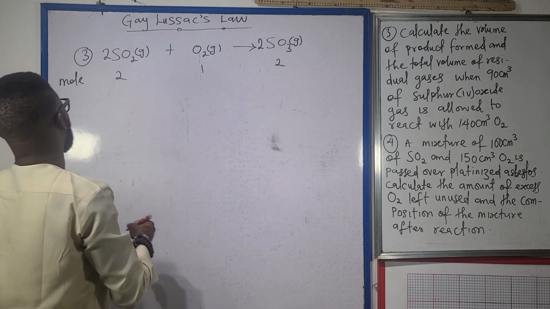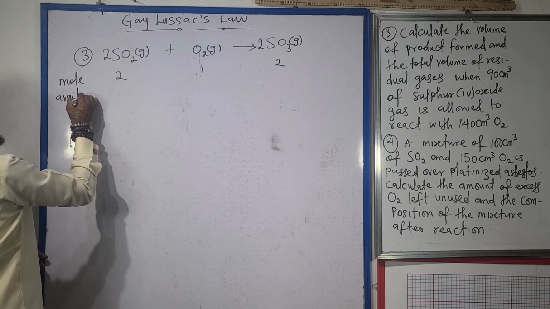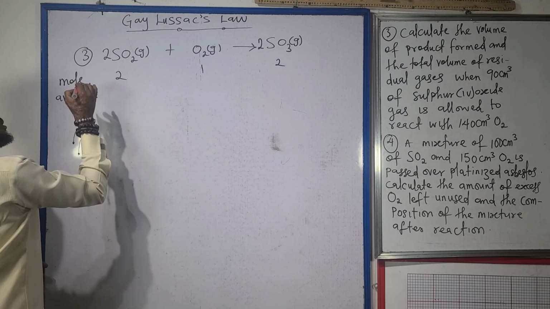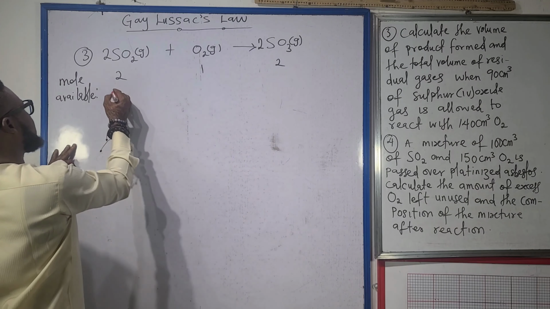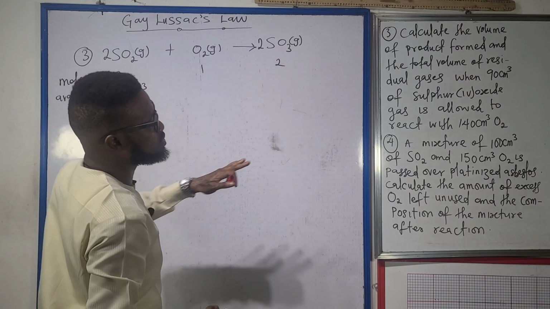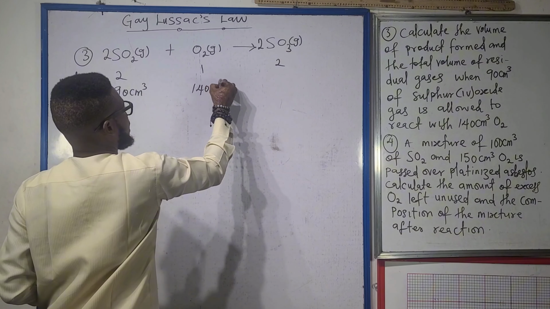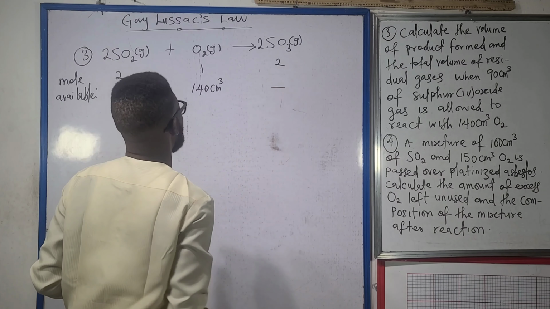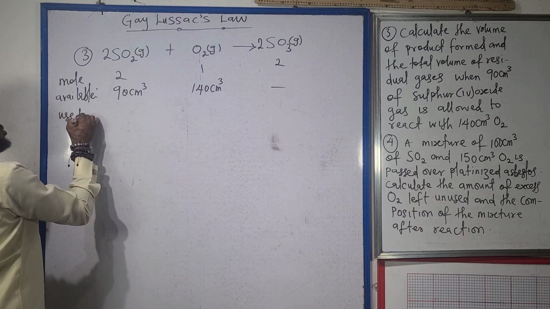We were told the volume available for SO2 is 90 cm³, and for oxygen, we have 140 cm³ available. Having said this, let's look at what is going to be used up.